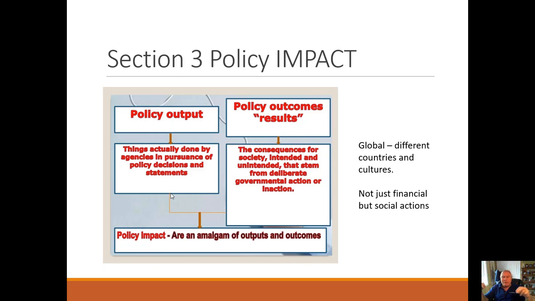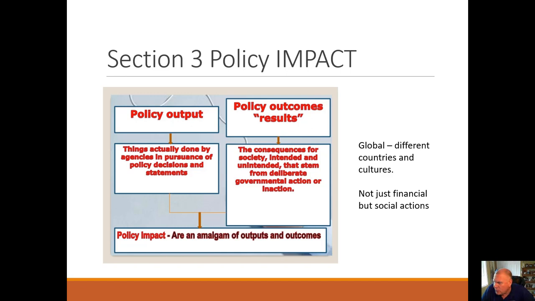And sometimes it's by action, sometimes it's by inaction. So what we have is this policy impact is both in output and has outcomes. It's the things that they are doing and the results of what they're doing. Now, for successful policy, addressing the growth in the economy and low unemployment are good things.